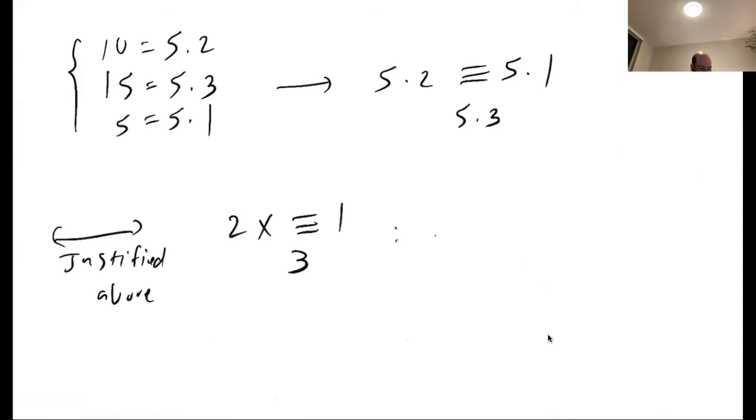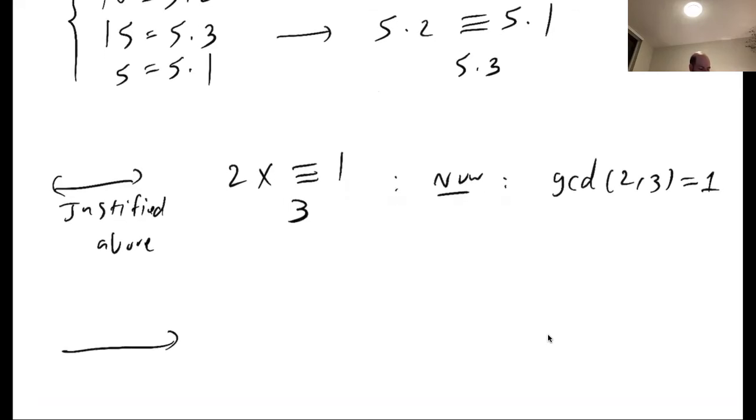And now, as we expect, we have reduced the problem to a problem from case 1, where GCD of A and M is 1. So now GCD of 2 and 3 is 1. So that means I have to multiply. Do you remember the algorithm in case 1?